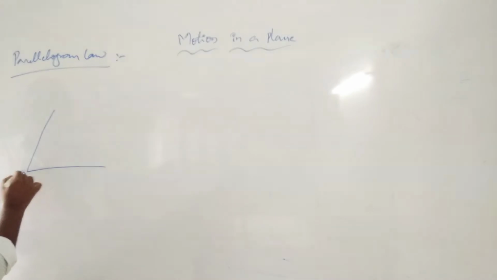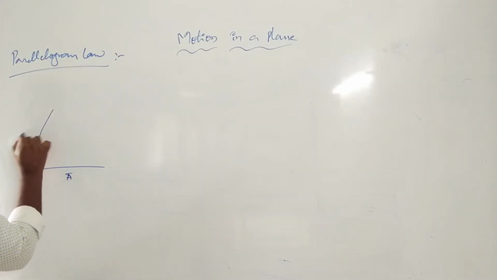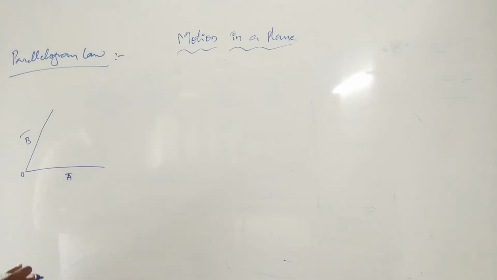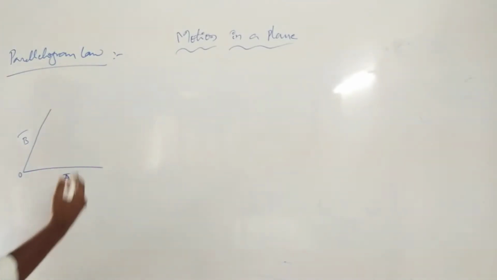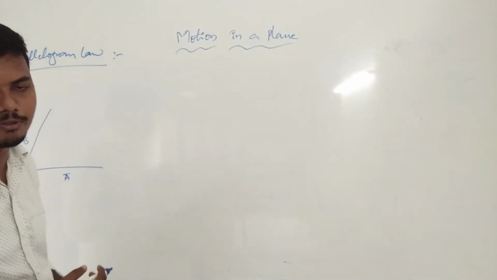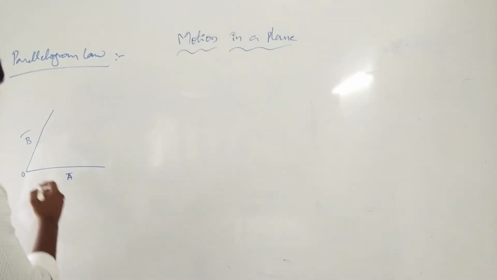This is the oblique O. The first vector is A bar, the second vector is B bar. The diagonal passing through we take as R bar.